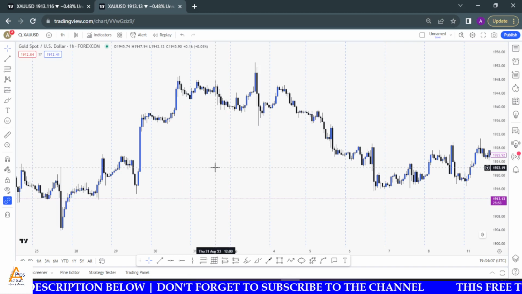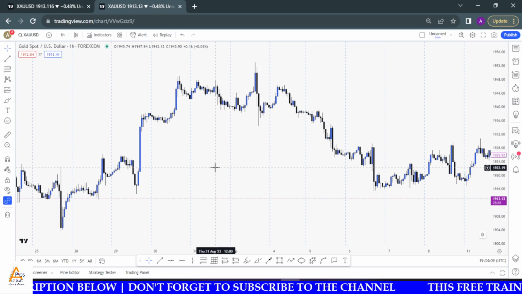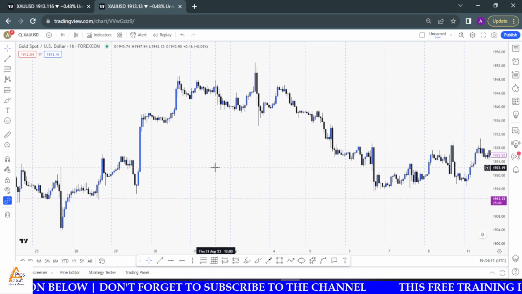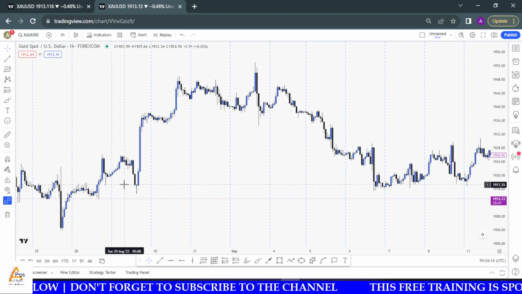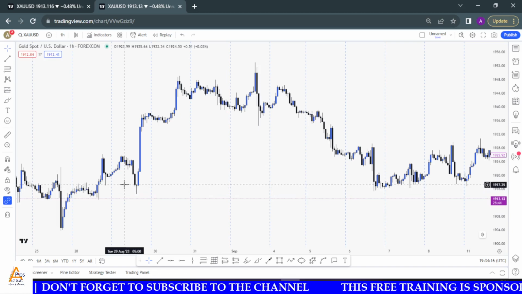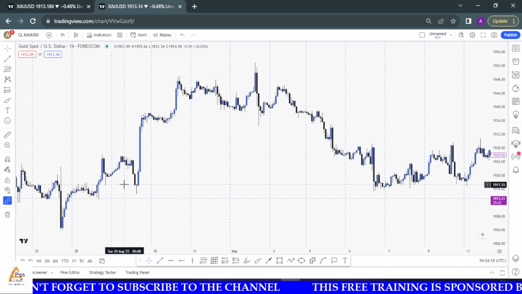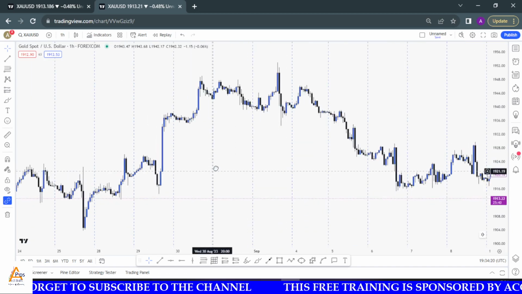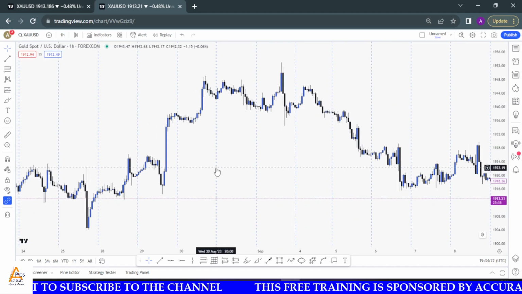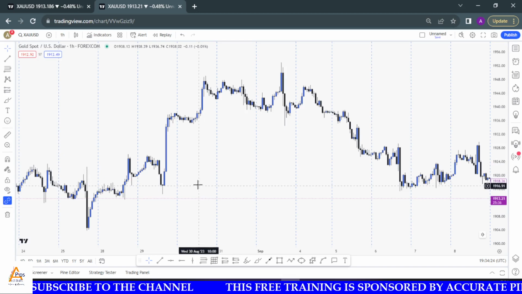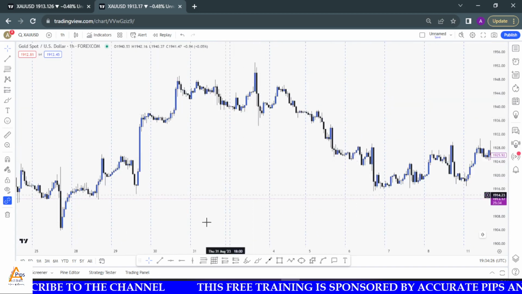I just love liquidity. Liquidity is so great. Most of the time I love to trade with the sweeps. Very important. I love to trade with the sweeps, and it's very interesting when doing that. All right, so now let's see from here. This is our last high.